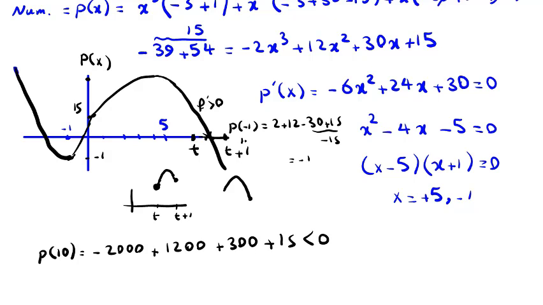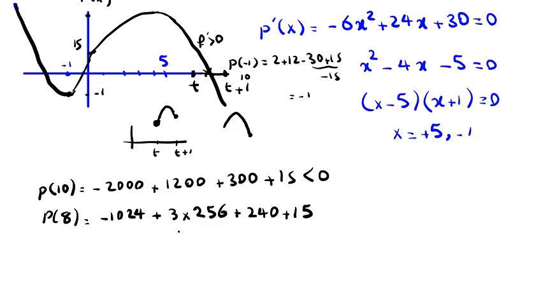So 10 is here. And you can check, for example, 8. P of 8 is what? Negative 2 times 8 cubed. 8 is 2 cubed, so it will be 2 to the 10, negative 1024, plus 3 times 2 to the 6, 256 times 3, and 8 times 30, 240, plus 15.